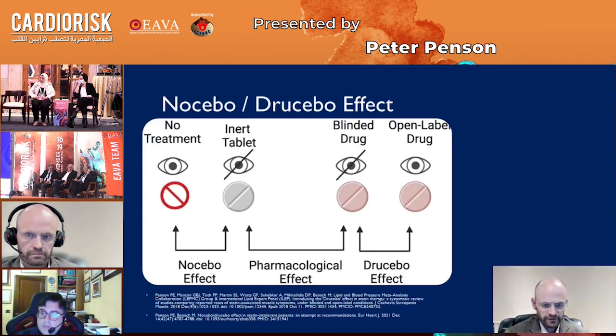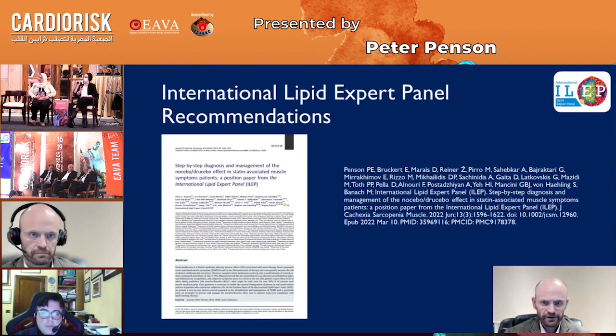These adverse effects, which are a result of expectation rather than a real pharmacological effect of the drug, are a real barrier to effective therapy with statins. So this year, the International Lipid Expert Panel has come up with recommendations, a step-by-step diagnosis and management of the nocebo-drucebo effect in statin-associated muscle patients.